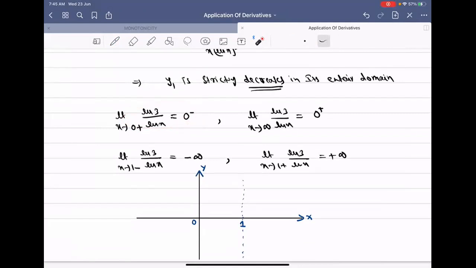If you approach 1 from the positive side, it goes to infinity, from the negative side to minus infinity, and as you approach infinity, 0 plus. An open circle will be there.